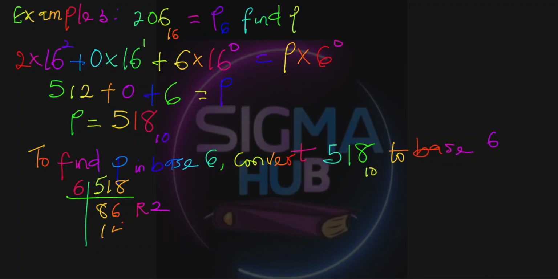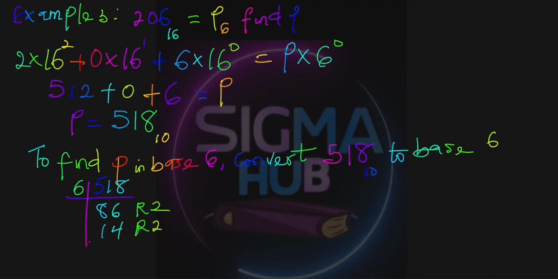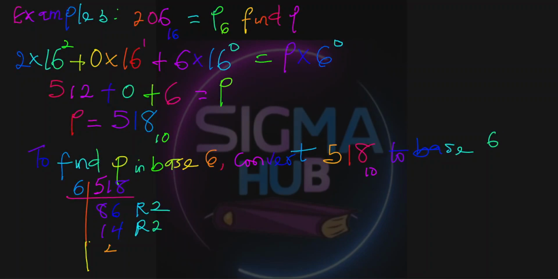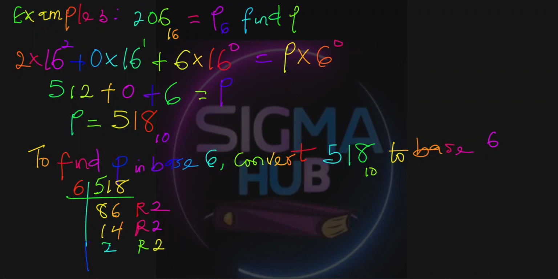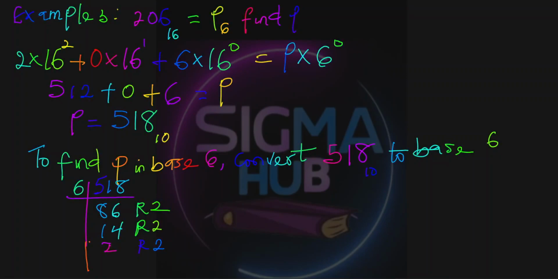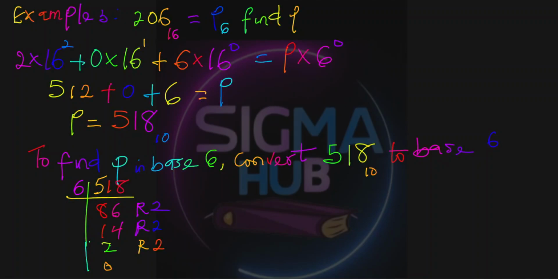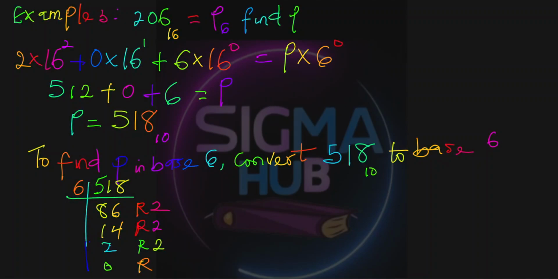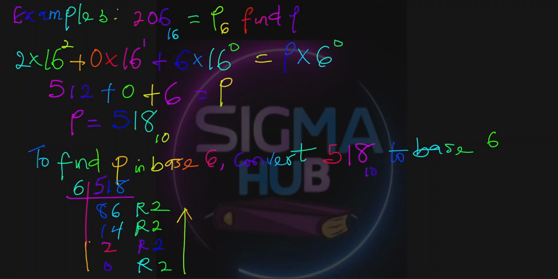Then 14 divided by 6 is also going to be 2, remainder 2. Then 2 divided by 6. 6 cannot divide 2 because 6 is greater than 2. So in a situation like this, we are going to write down 0. Then we say remainder 2. Of course, we are going to be picking from the bottom upward.